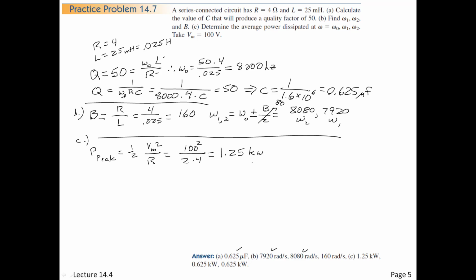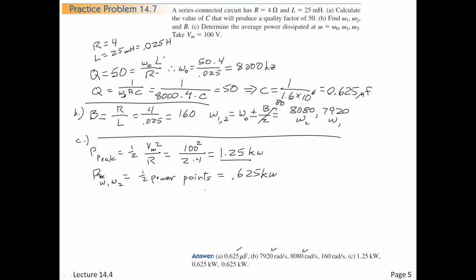Now the power at omega 1 and omega 2 are equal, and they are what? The half power points. That's the definition. So that means those are half of this, or 0.625 kilowatts. Okay?